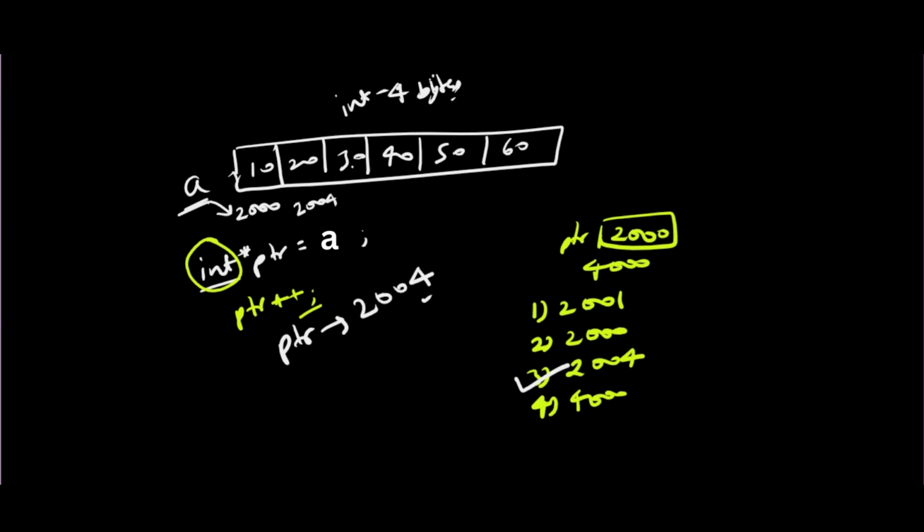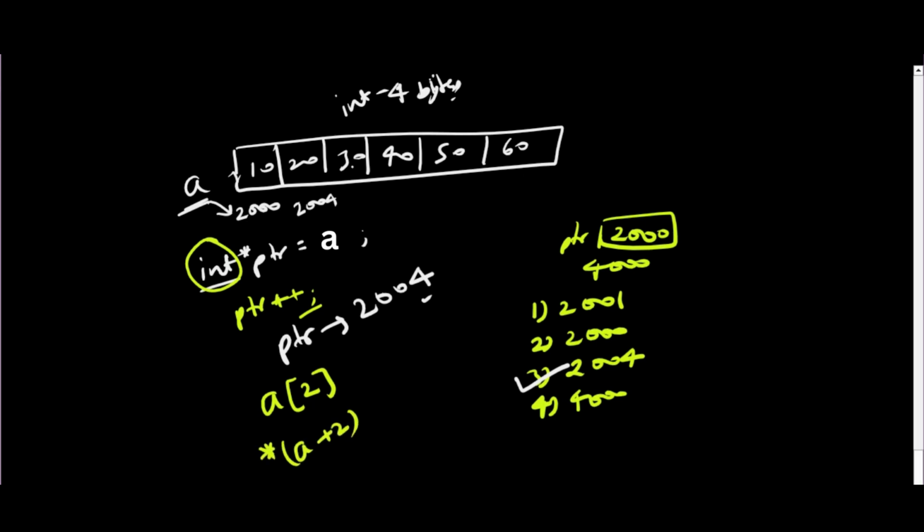So we see we can use the pointer to get the values in an array. Actually, internally it is done like this only. So if we write A at 2, what it does internally is it converts this to A plus 2 and dereferences it.